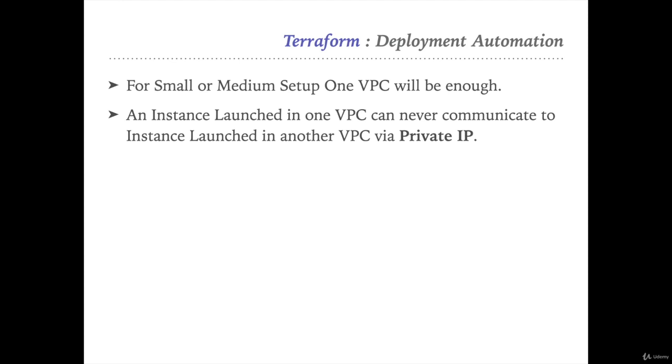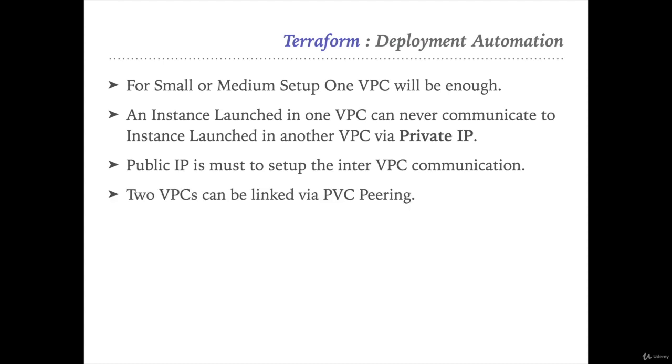That communication cannot be possible with the help of the private IP. With the private IP, instances can only communicate within the VPC. Within the virtual private cloud network you can only communicate with the private IP, but if you want to communicate outside the virtual private network, you need to use the public IP. Public IP is a must for inter VPC communication. We cannot communicate across VPCs using the private IP only.